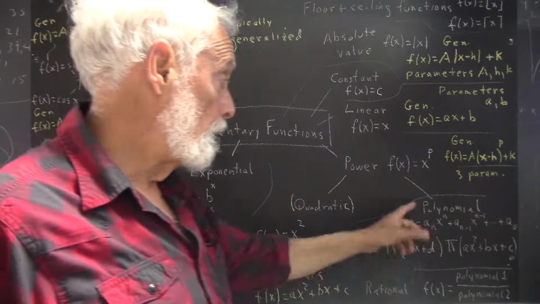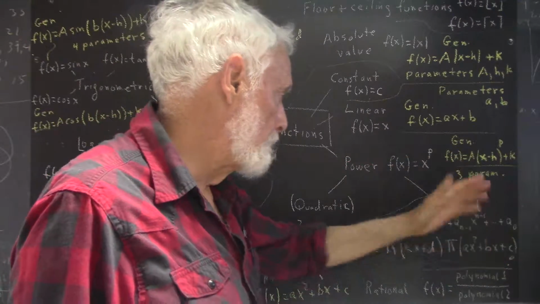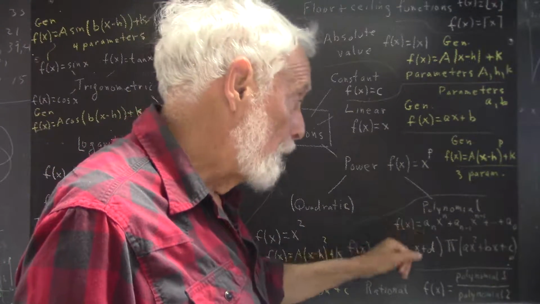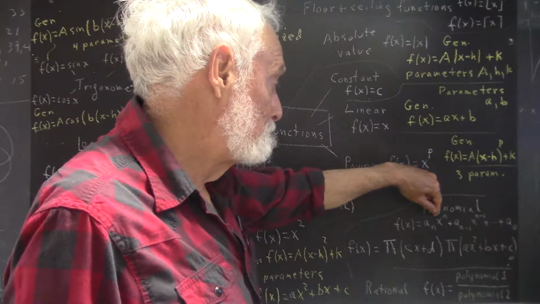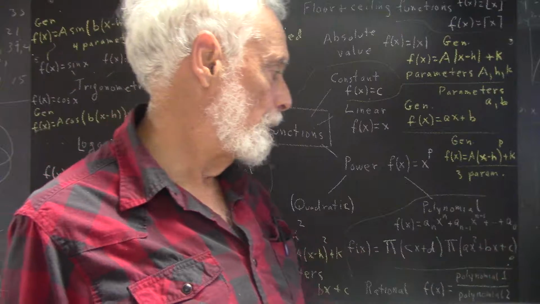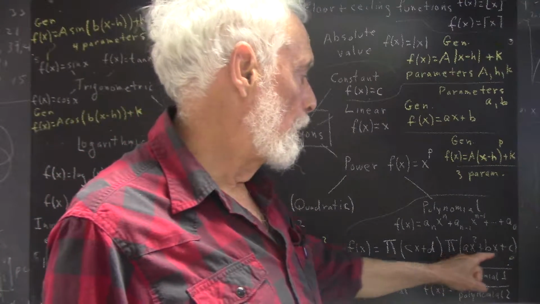One more mention, a polynomial function can be expressed as a series of multiples of positive integer powers. And we add those together to get a polynomial function. And any polynomial function, it turns out, can be expressed as a product of quadratic functions.